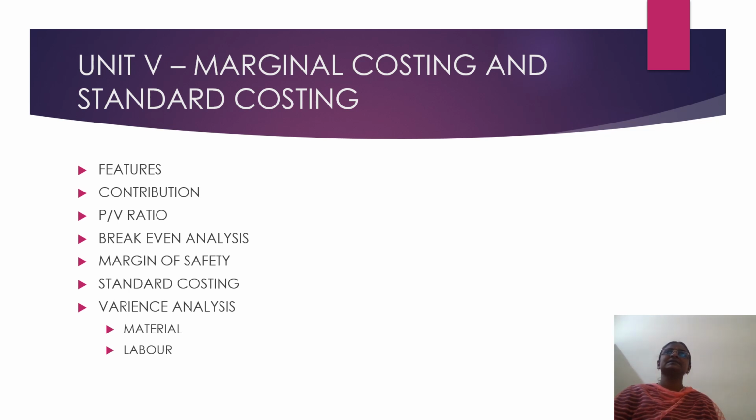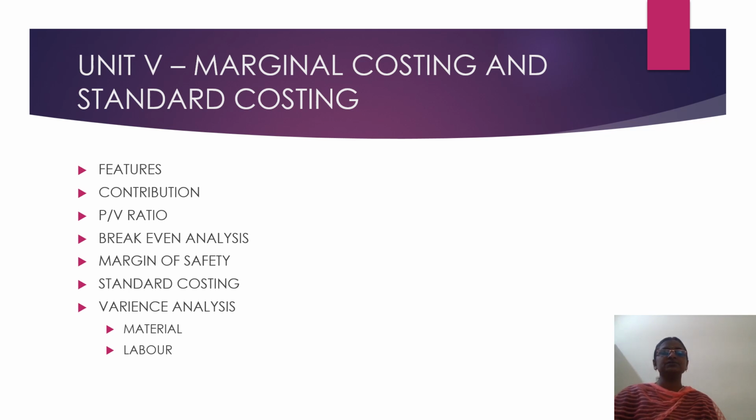They will be given the desired profit. From the desired profit, you have to calculate the desired sales. Like that, sums will be asked in part C. So in break-even analysis, you will be asked to calculate PV ratio, then desired sales, desired profit. Like that, sums will come in part C.